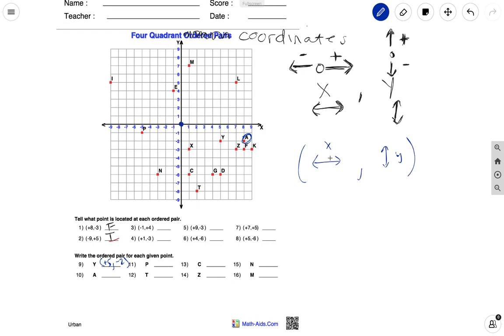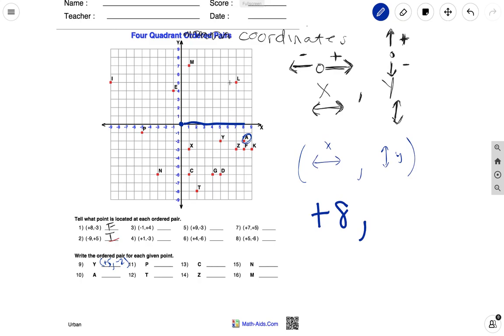And we have to figure out how many times we have to go over. Well, again, would you go in this direction? No. So we know that it has to be positive. How many times do we have to go over to get close to A? We have to go over 1, 2, 3, 4, 5, 6, 7, 8 times. So we had to go over positive 8 to get close to my A. Comma. Now we have to get to Y. Would I go up to the positive Y?